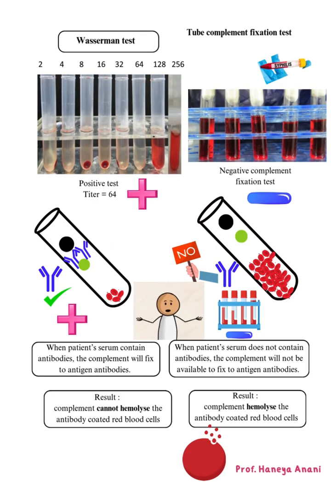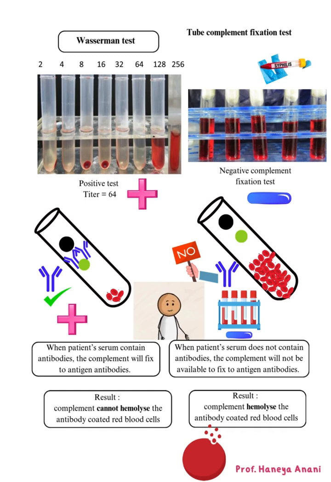In a negative, non-syphilitic case, when the patient's serum does not contain antibodies, the complement will not be available to fix to antigen-antibody complexes. Result: complement hemolyses the antibody-coated red blood cells, the indicator system of sheep and anti-sheep red blood cells.